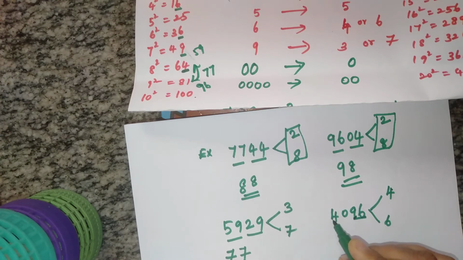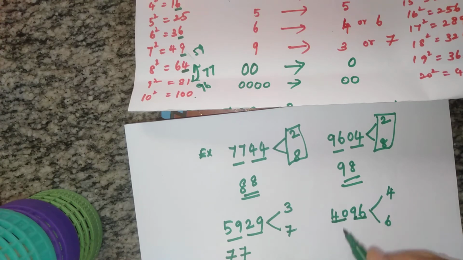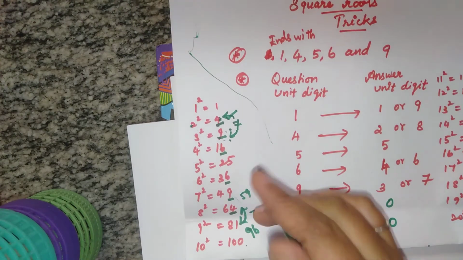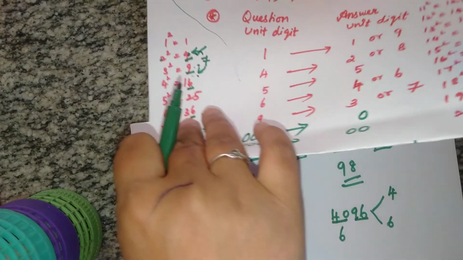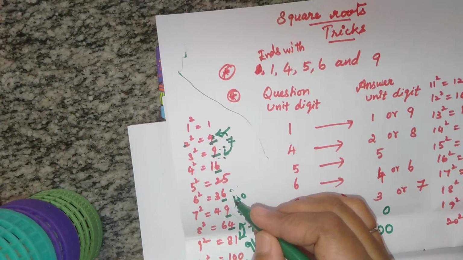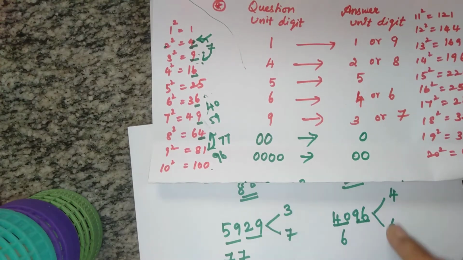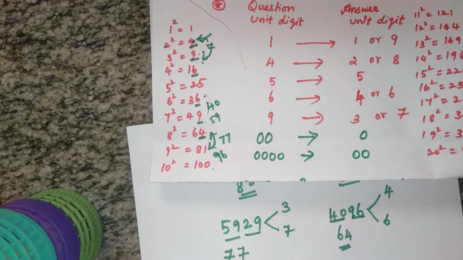We make this a 2 digit. 6 6s are 36, 7 7s are 49. 36 means here, see here. So 40 should come in between. Here only 4 gaps, here 9 gaps. So which is the near upper value? In these 2, the upper value is 4. So the answer will be 64.